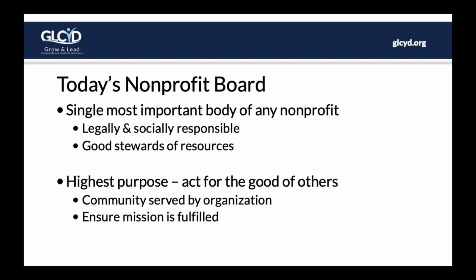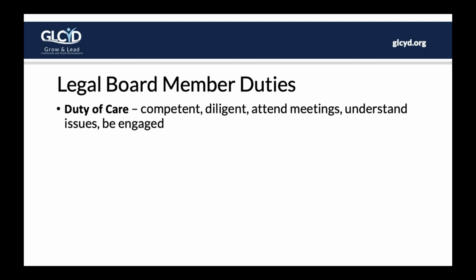So now we'll start helping you understand more of your role. The first way we're going to do this is to talk about legal duties. There are actually three of them we want to highlight and describe. The first is called the duty of care. What the duty of care describes is the level of competence that is expected of every board member.